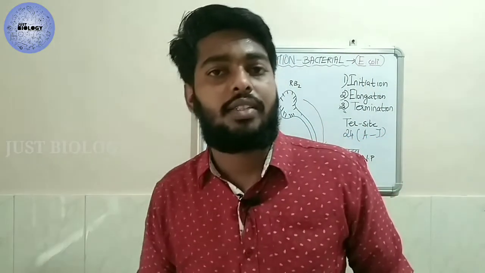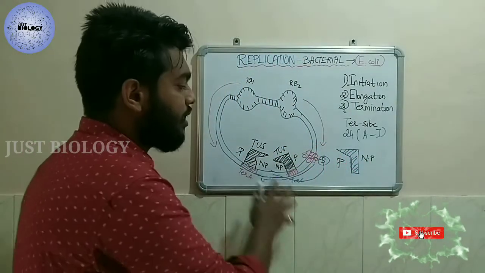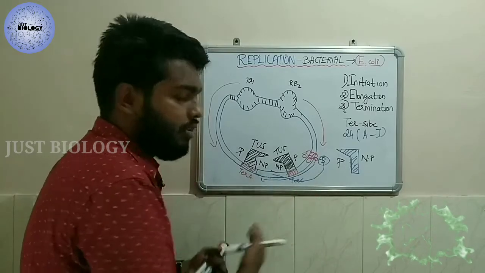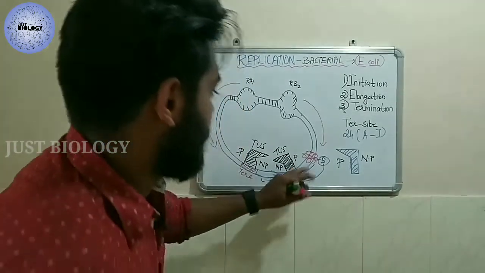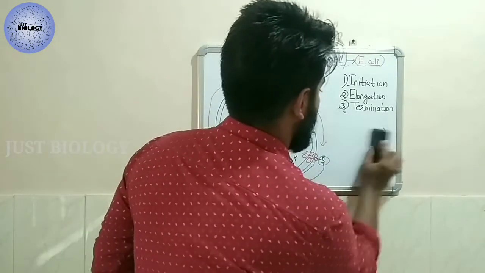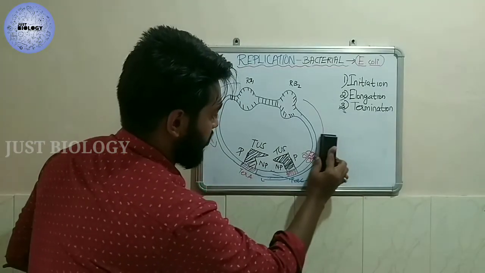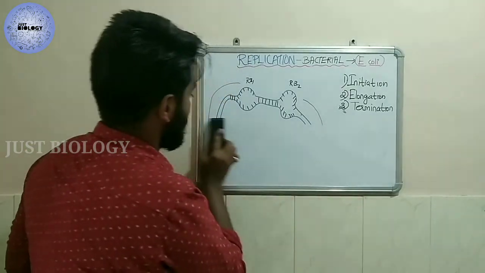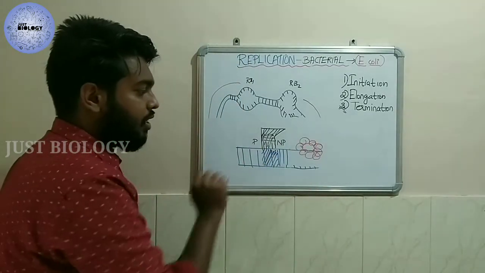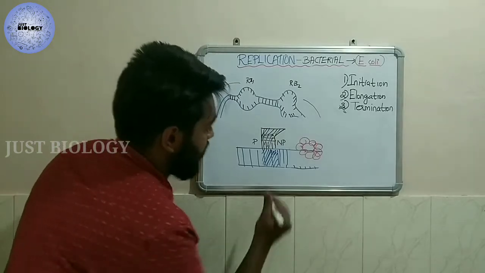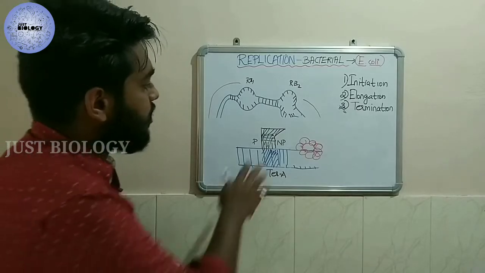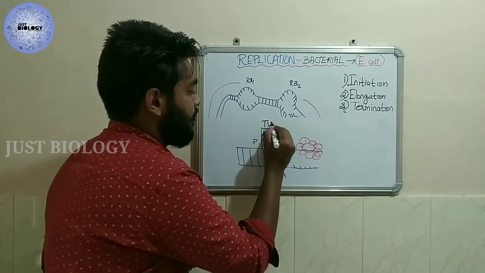Now I want to discuss how this process actually takes place, and what is the factor which influences the termination of this B complex. So better I'll erase here. I have just drawn a linear form of the TUS-TER complex. So I have to mention here, this is the TER site, let's say TER A, and this is the TUS protein.